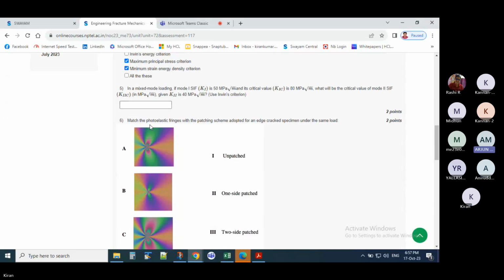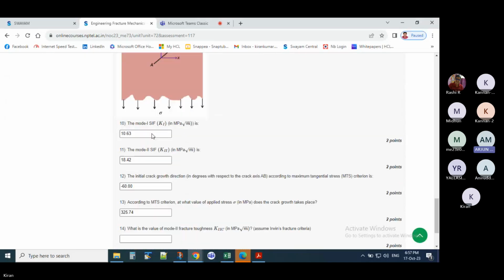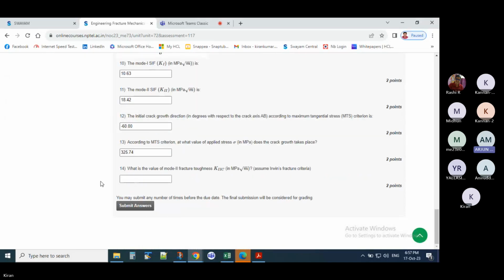What I noticed when I solved question number 14 is that one thing is very clear: your K2 value has to be less than the fracture criteria K2C. So K2, as you said, I got the same answer, 18.42, and K1 is also 10.63. The 12th also I've written as minus 60 only. But if you calculate using that ellipse formula, you will find K2C as 18.61, slightly greater than the K2 value.